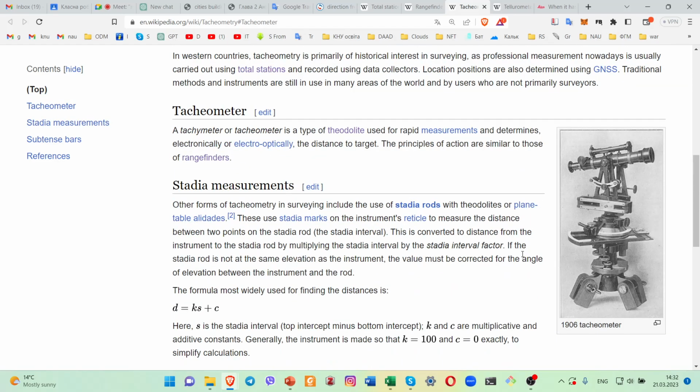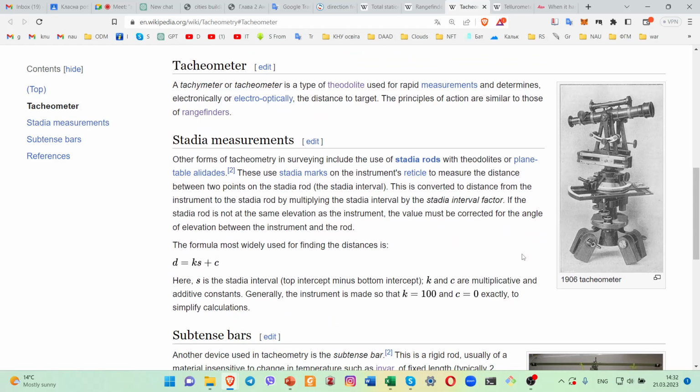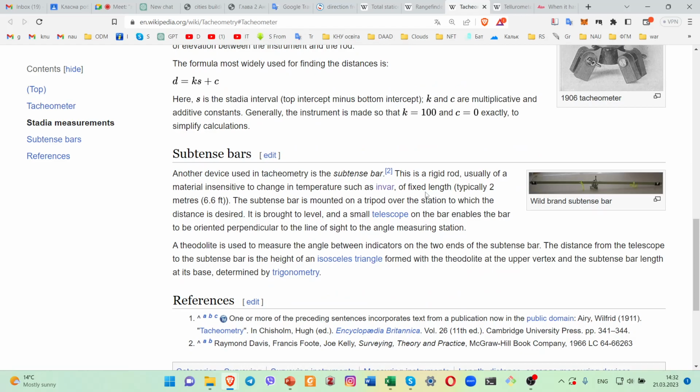Here we can see the different ancient stadia measurements. We have spoken about it. Substance bars. It's also an ancient device that nowadays is not used at all.